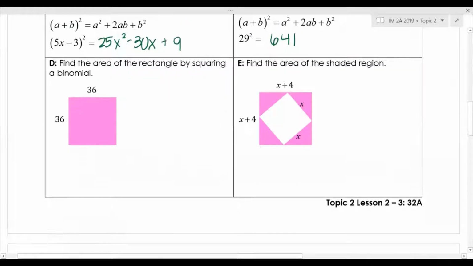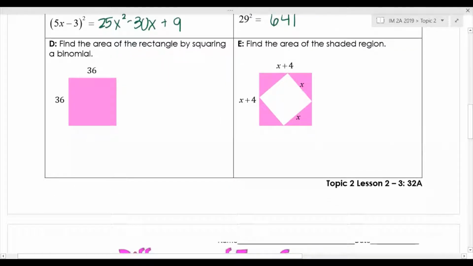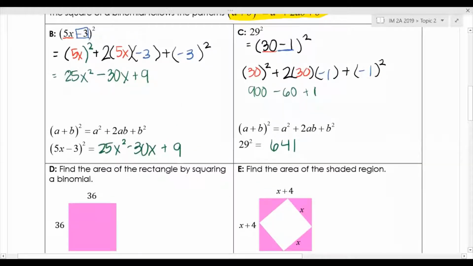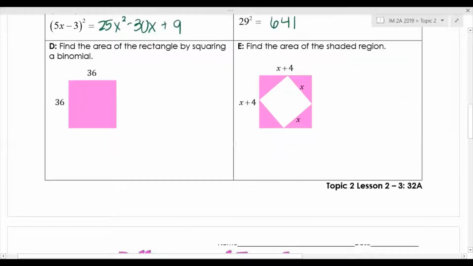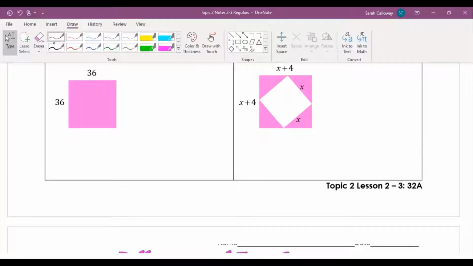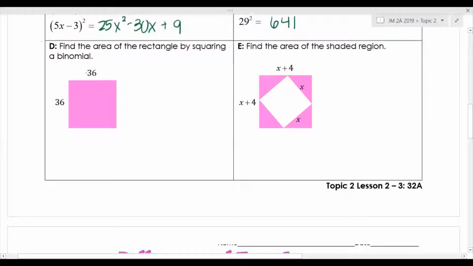Okay, so this might help us also when we're finding the area of a rectangle by squaring a binomial. So in that last example, it was easy to do subtraction because I had a 30 and a 1. If I do something -1 here, it won't necessarily be an easy number. So if I use it as addition, the area of this would be 36 squared.